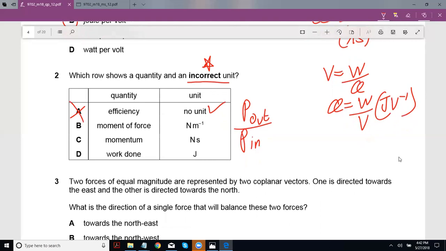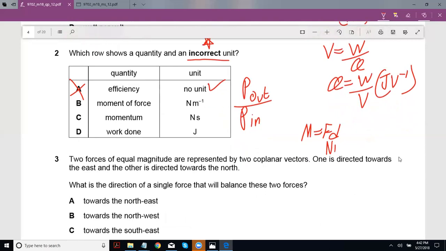They want the moment of force. So moment was force into perpendicular distance from the fixed point to the line of action of force, which gives you Newton meter. Here it's wrong because it's Newton per meter, so you can just take this.